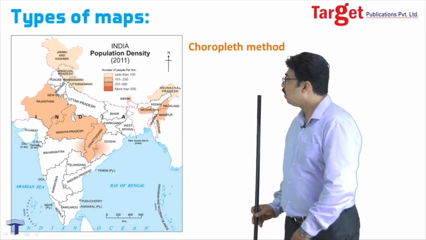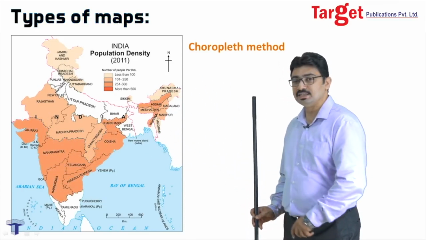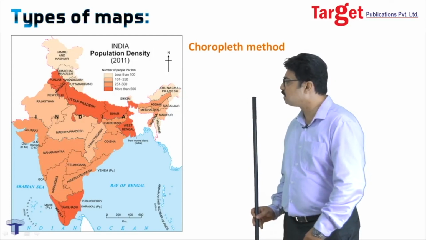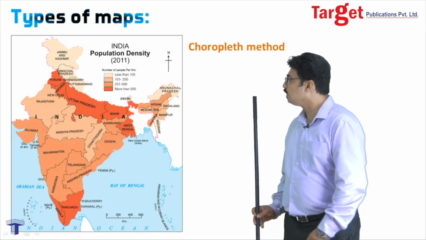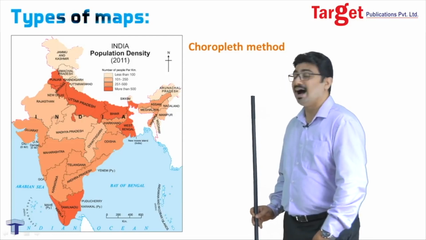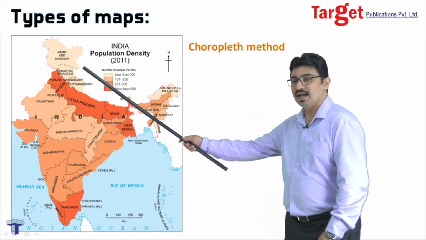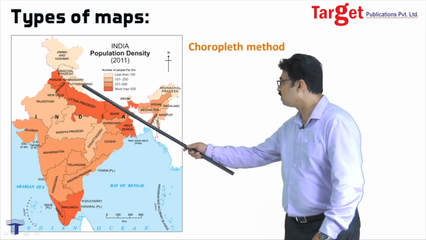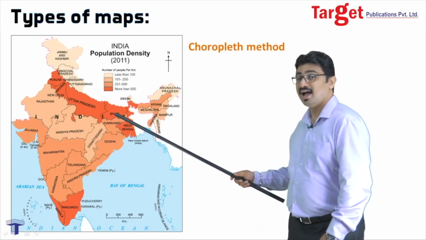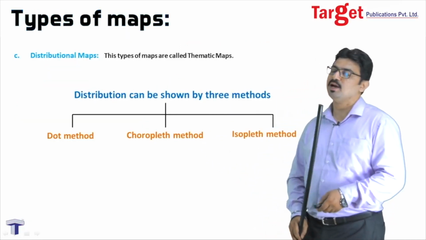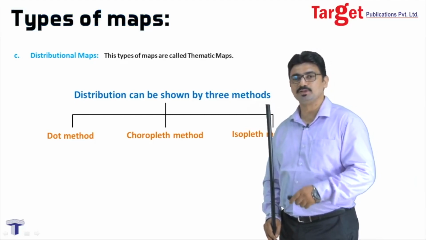We see first the regions of the lowest population density were shaded, slowly increasing onto regions with higher density, and last with the highest density. So, here we see Jammu and Kashmir have the lowest density, while the Ganga Plains area has the highest density. The choropleth method is very useful for showing distributional maps.